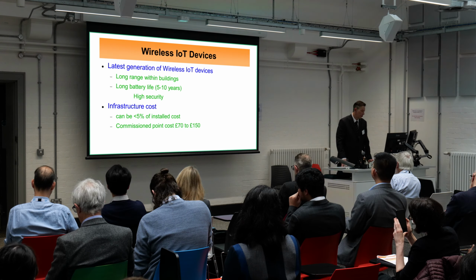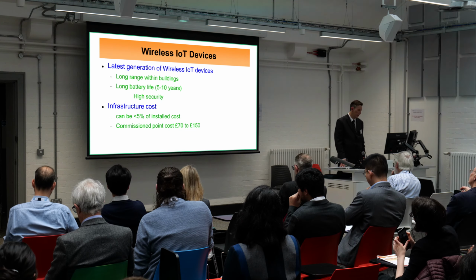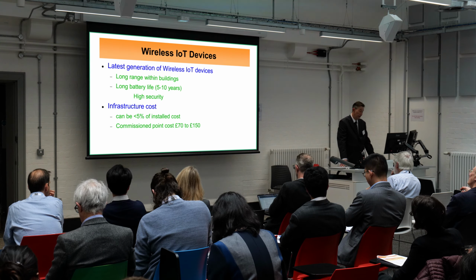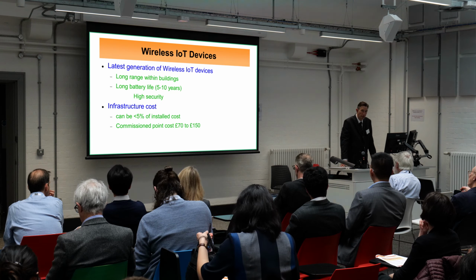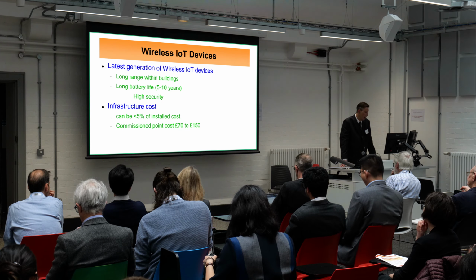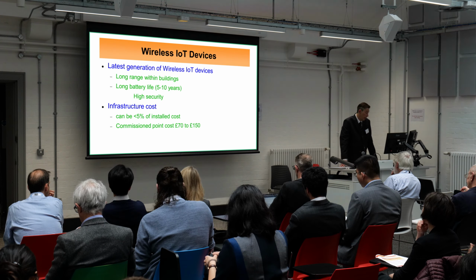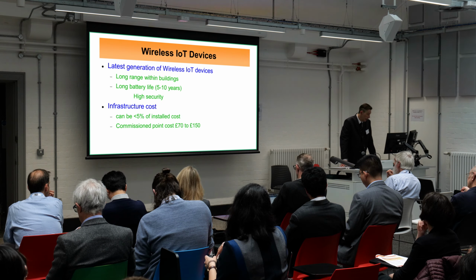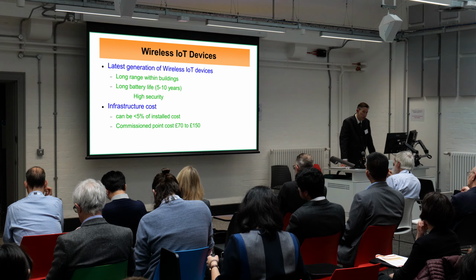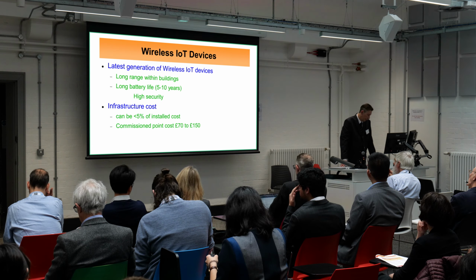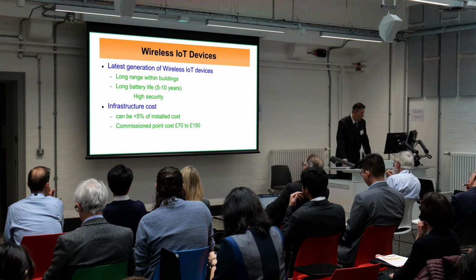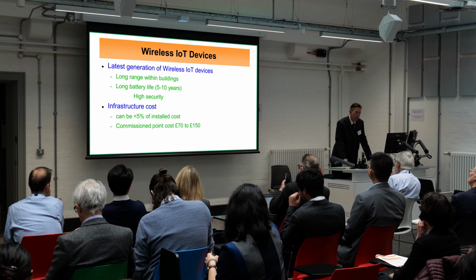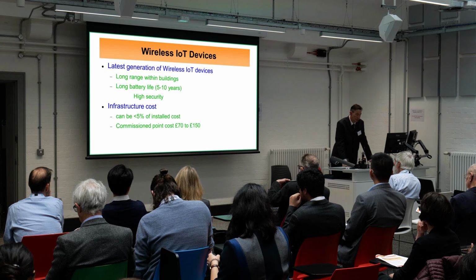But in the latest generation of IoT, we're seeing a new emergence of much more efficient devices that can transmit over much greater distances in buildings and have battery lives, in some cases, that last 10 years, last for the lifetime of the device. And also have much better security, because obviously that's a big concern these days. And the result of that is that the infrastructure cost is actually a very small fraction of the cost of the sensor.